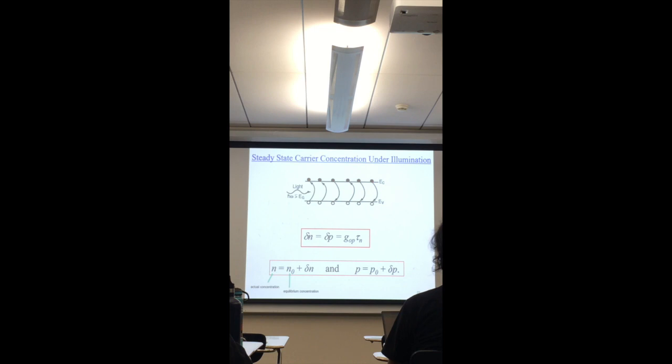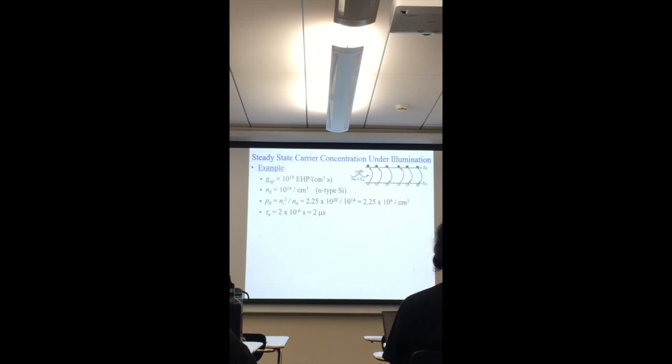So this actual concentration is basically the equilibrium concentration plus this excess term, right? So the equilibrium is given, so we just want to calculate this excess term. Then we can get the actual carrier concentration. And this will be the same for both electron and hole. And also notice that this excess electron concentration is the same as this excess hole concentration. Right? So, okay, now I just want to show you one example.